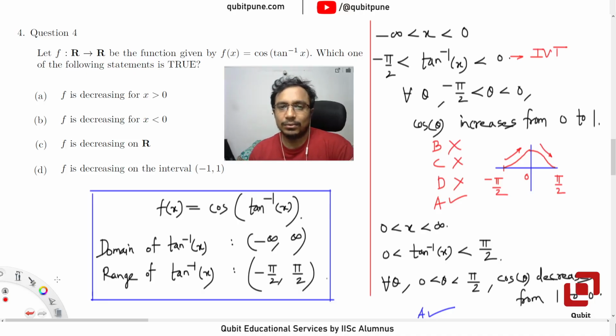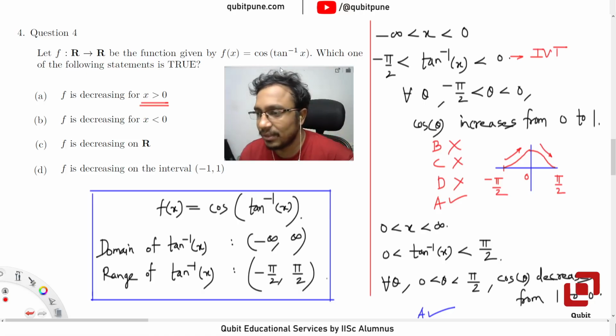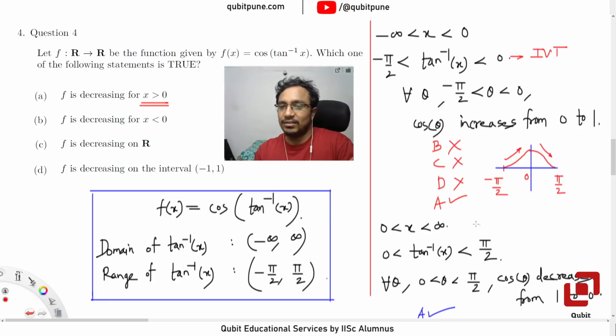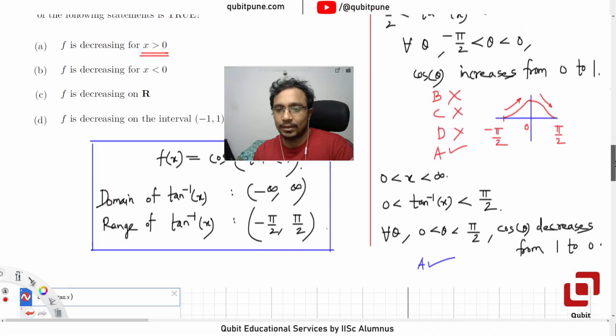Right. So yeah, luckily the answer was decreasing for positive values of x. The positive values of x mean tan inverse of x to be acute. So I think that might have helped you in deciding the correct option, but otherwise I'll recommend you to follow this method. Okay, sir.